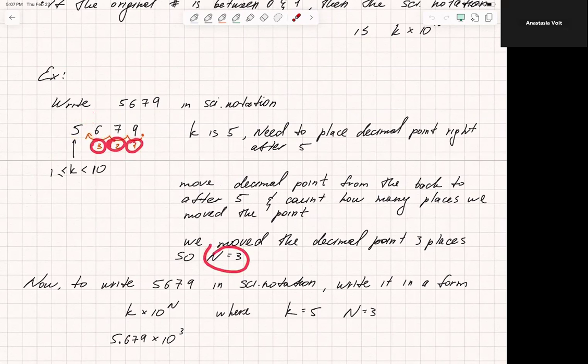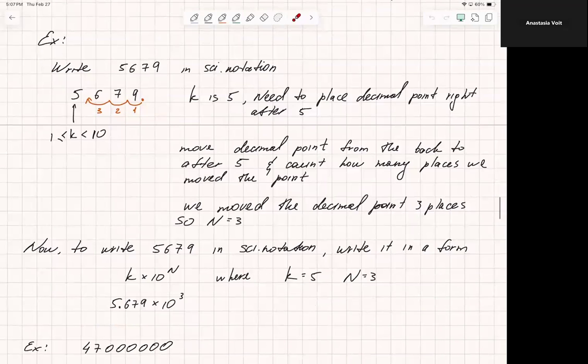So n is equal to 3. Now we have all the information. We know that k is 5.679, and we know that n is 3. So we can write it in scientific notation. k times 10 to the nth power would now be 5.679 times 10 to the third power.